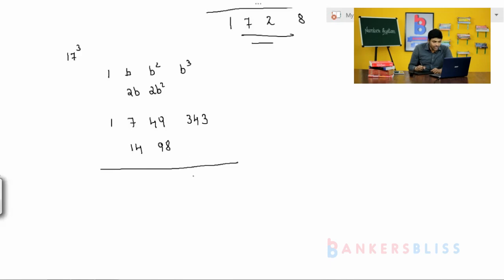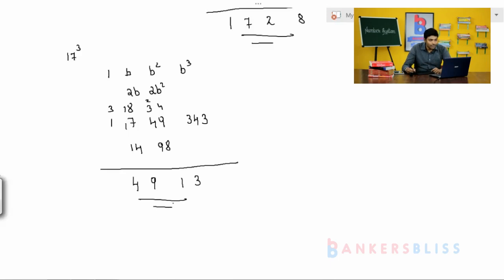In 343 you write the unit digit, that is 3, and 34 is the carryover. Next 8 plus 4 is 12, 12 plus 9 is 21, the unit digit is 1. Again 2 carryover, 2 plus 3 is 5, plus 4 is 9, 9 plus 9 is 18. This 18 you have to add, because already in the middle part you have taken 1 as the unit digit. So 18 carry over. Next 8 plus 7 is 15, plus 4 is 19, 9, 1 carry over. So 1 plus 1 is 2, plus 1 is 3. This 3 you cannot write here, 3 carry over, 3 plus 1 is 4. So the answer is 4913.